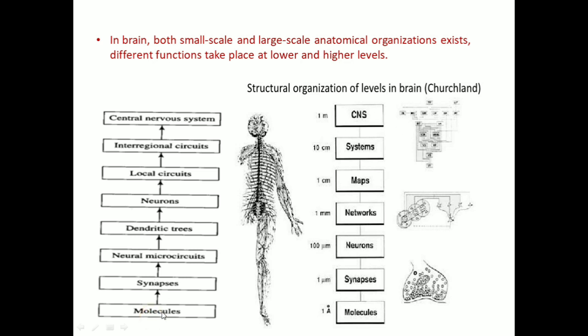The most fundamental level of anatomical organization is the molecules, and from the molecules we have synapses, which depend upon molecules or ions for their action. In the next level we have neural microcircuits, then the dendritic trees, and then neurons.